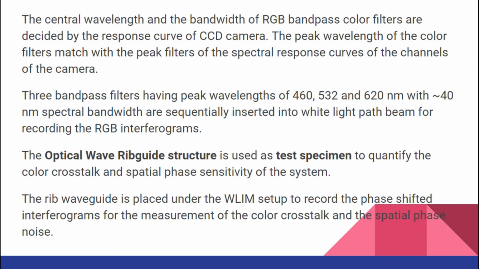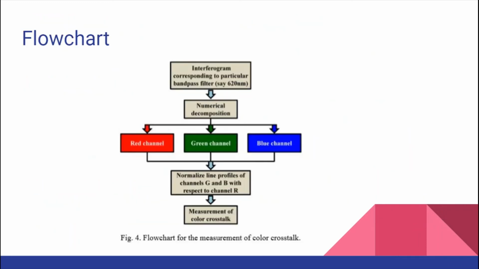Now, if we want to see a flowchart of what is actually happening, we can see it. The interferogram corresponding to a particular frequency bandpass filter is obtained. Then we numerically decompose what part of the spectrum is involved in the red channel, the green channel and the blue channel. We normalize the line profiles of the RGB channels with respect to the channel under consideration.